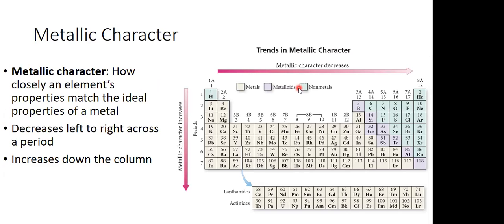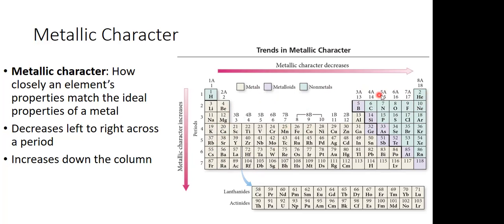And our trend, if we're just looking at what is more metallic, basically, the bottom left is the most metallic, and the top right is the least metallic. And you should already kind of know this based on what we talked about at the beginning of the semester, where we said on the left side, you're more metallic, and on the right side, you're a non-metal.